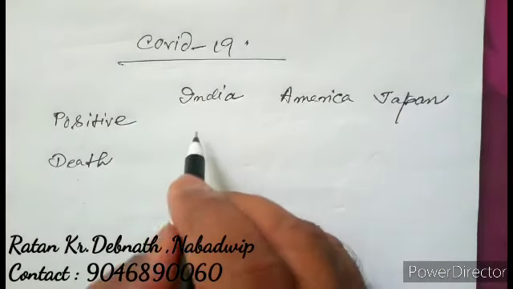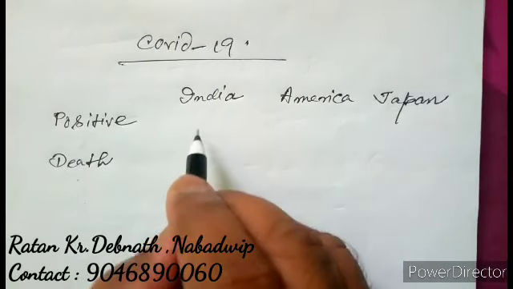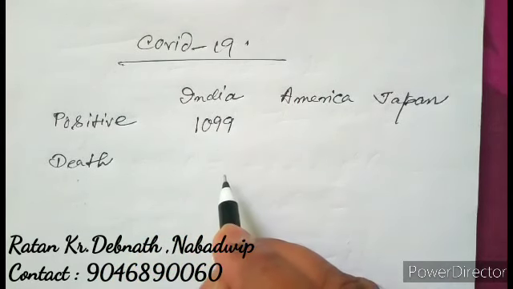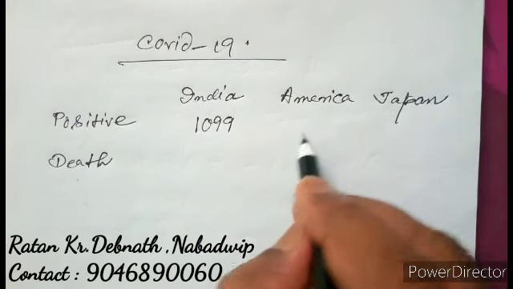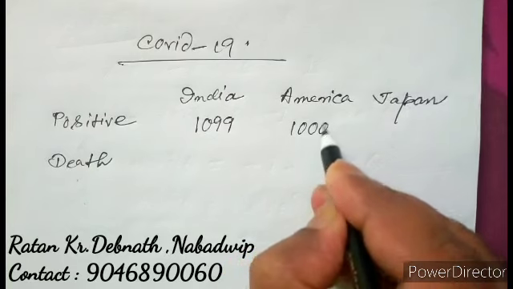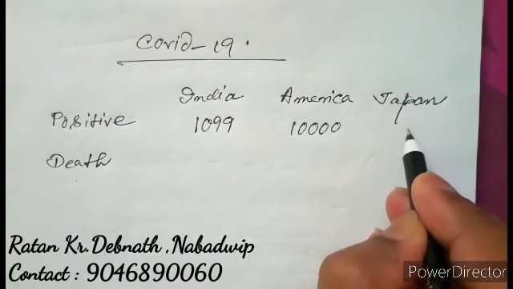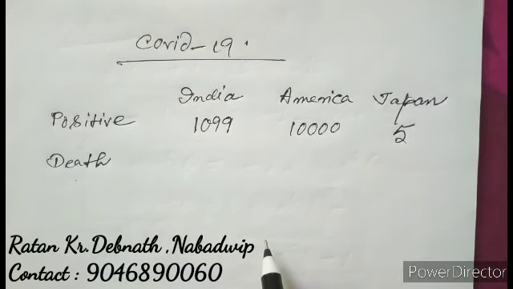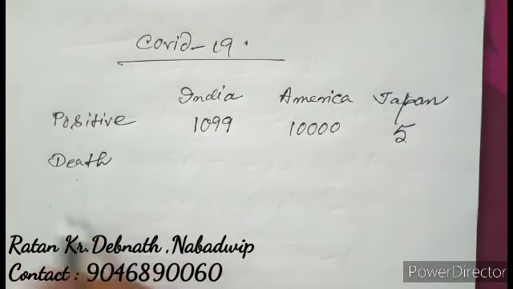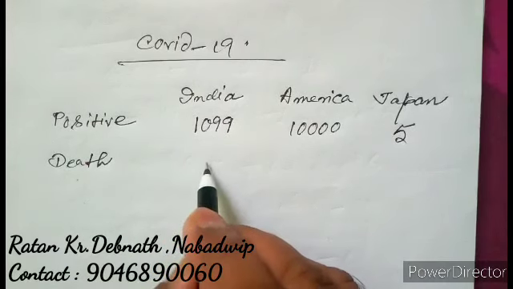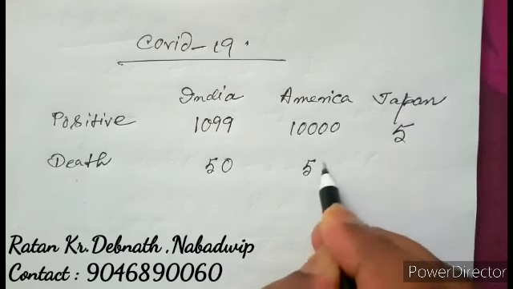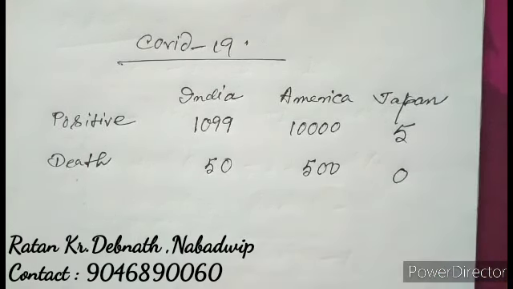Suppose in India today 1099 candidates positive, in America around 10,000, in Japan like 5 candidates. Deaths in India 50, America 500 and Japan 0.